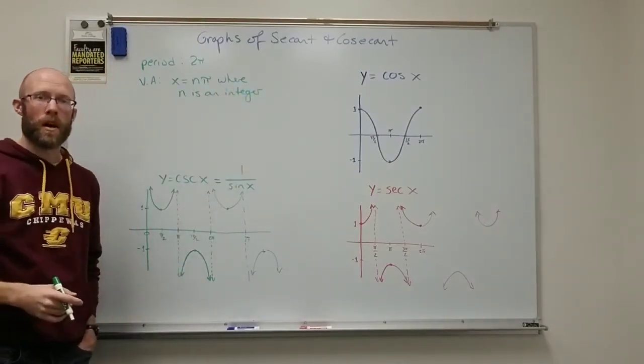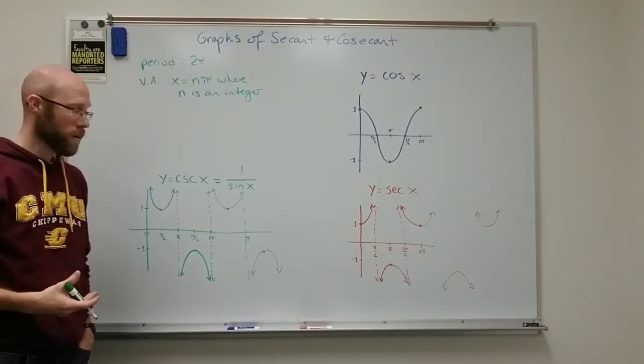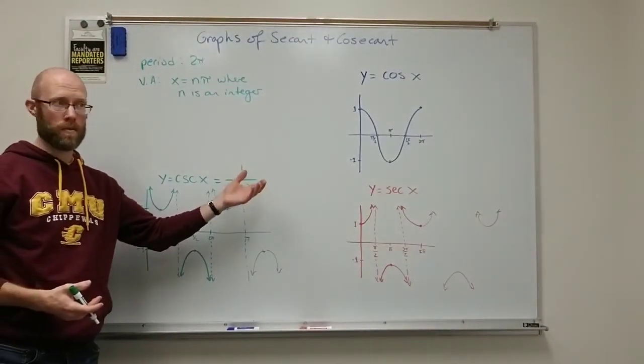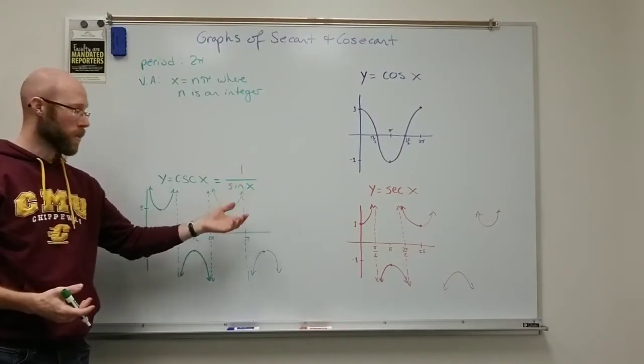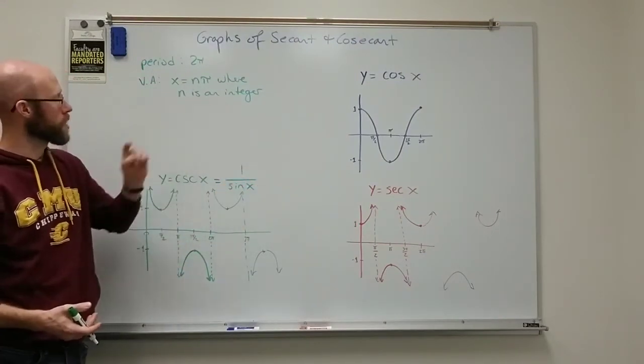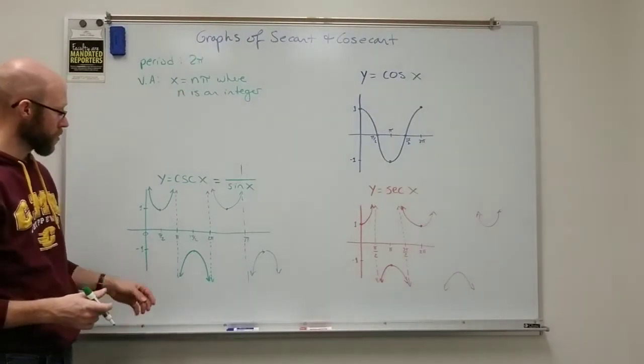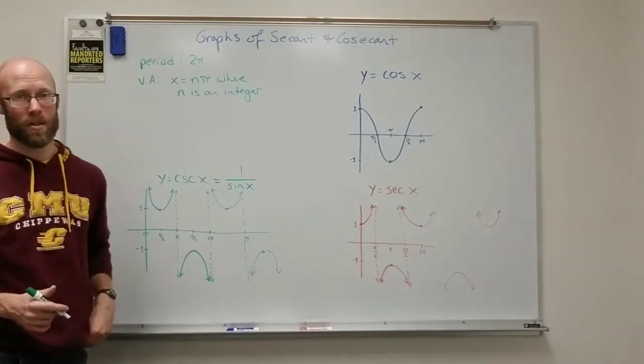Okay. In addition to that, the domain is all the x values that make defined outputs. The undefined outputs are at those integer multiples of pi. And so the domain is going to be everything except those.